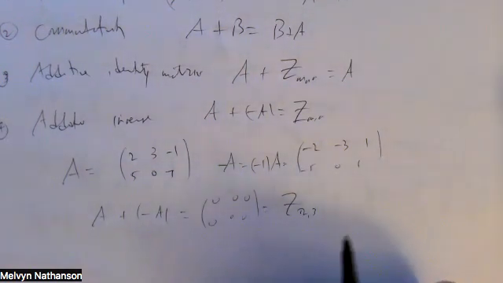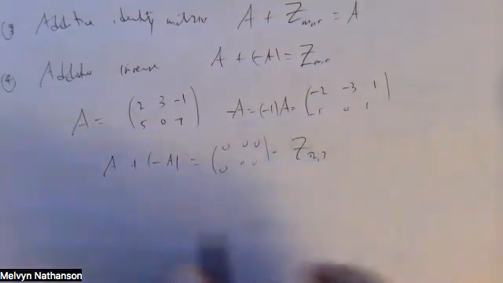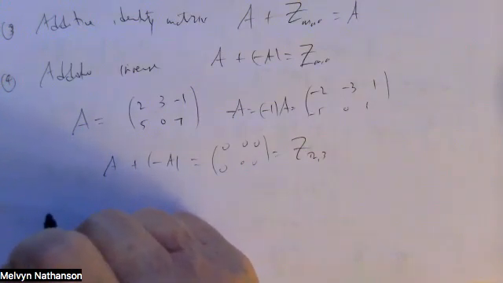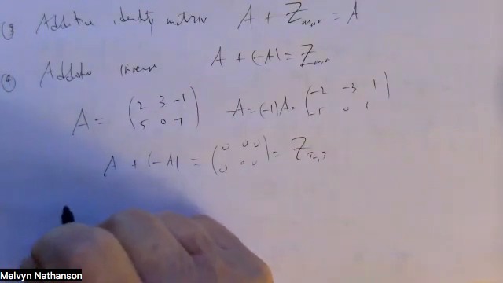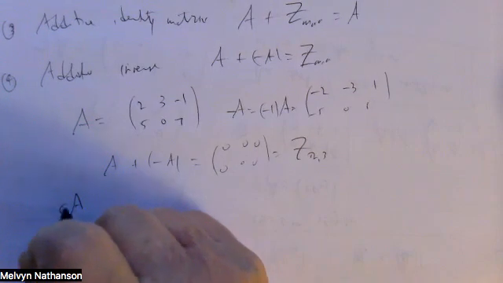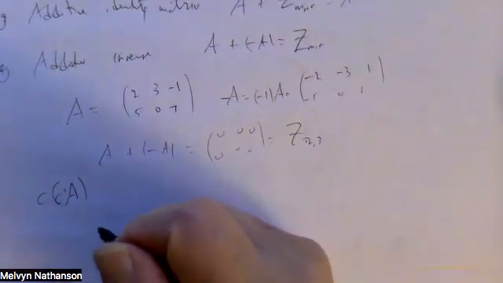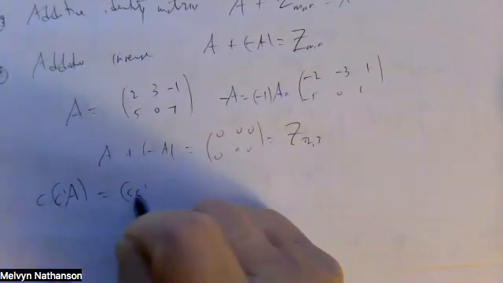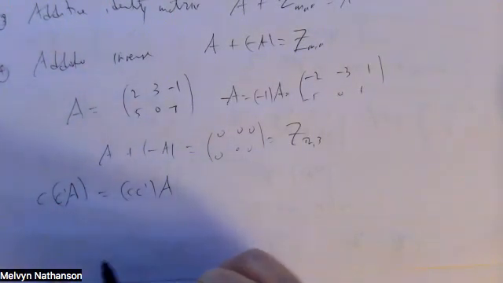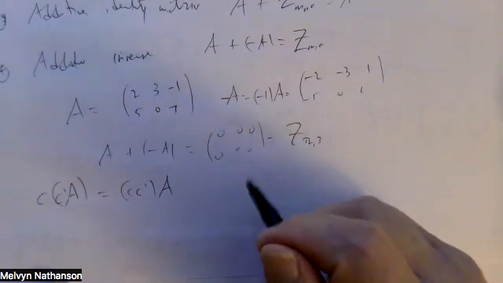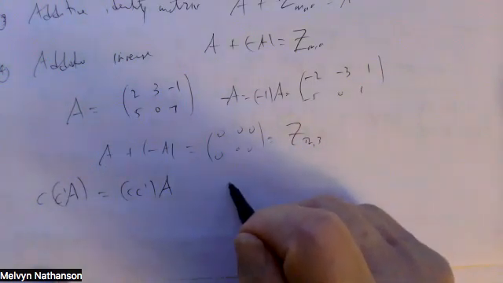And scalar multiplication satisfies the following simple properties also. If you take two scalars, C and C prime, and you take A and multiply it by C prime, and then multiply that by C, that's the same as C times C prime times A. And then you have the two distributive laws.